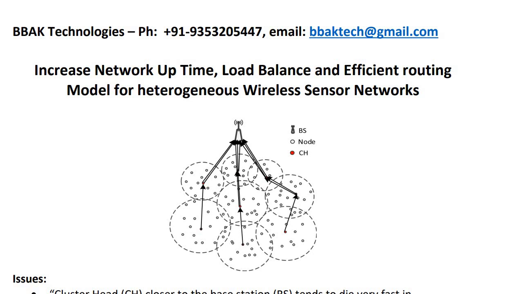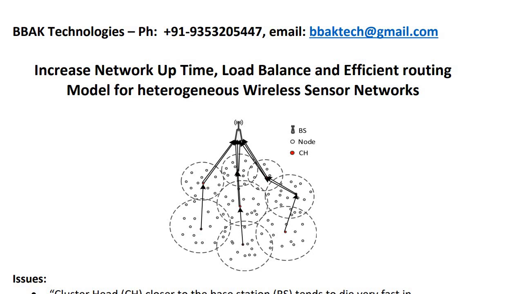See, if you do routing efficiently, balance the load at every node and in the clusters, and use the energy in the nodes efficiently, that increases the network lifetime. A wireless sensor network is deployed in a particular area, like mining or military applications, or wherever it is required.